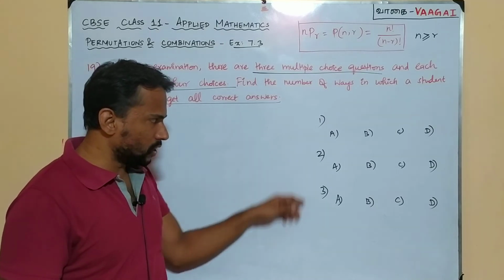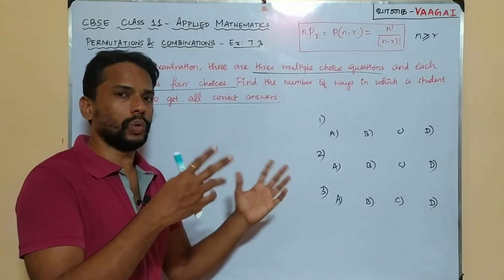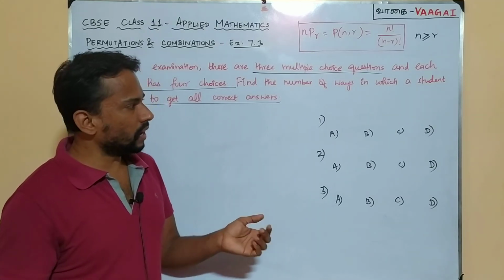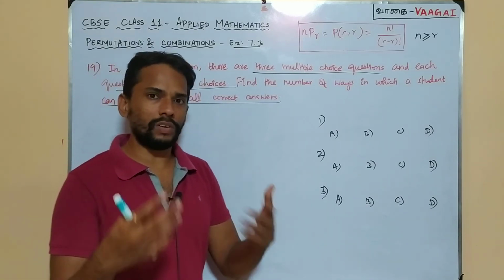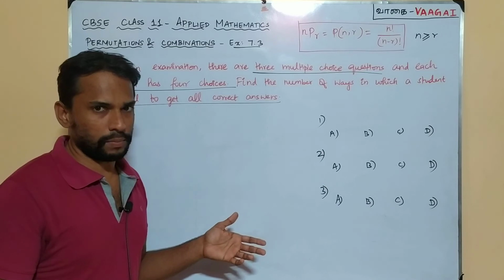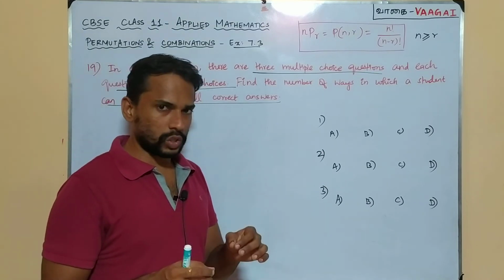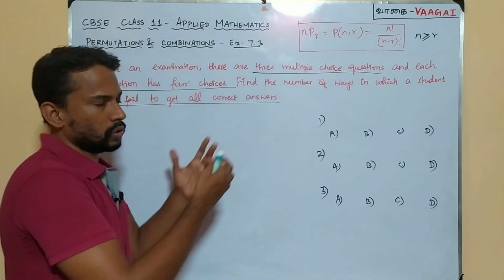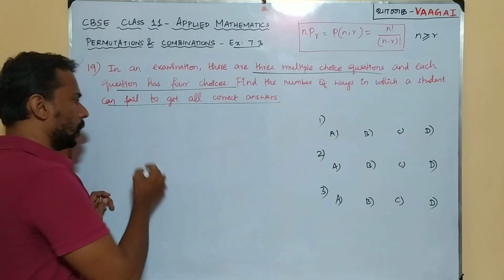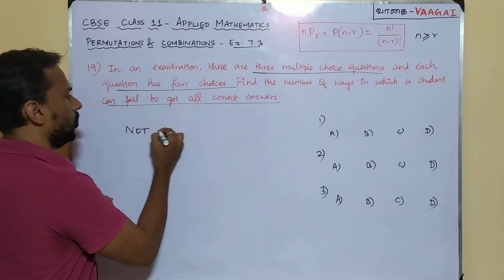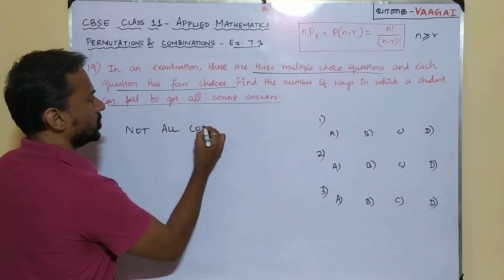Any one of these questions he can attend correctly, the other 2 he can give wrong. Or he can make it wrong for all the 3 questions. All 3 questions wrong answers. This way also it can be. So this is what they are asking us to get here. In how many ways can the student get not all of them correct? Not all correct. This is the question.